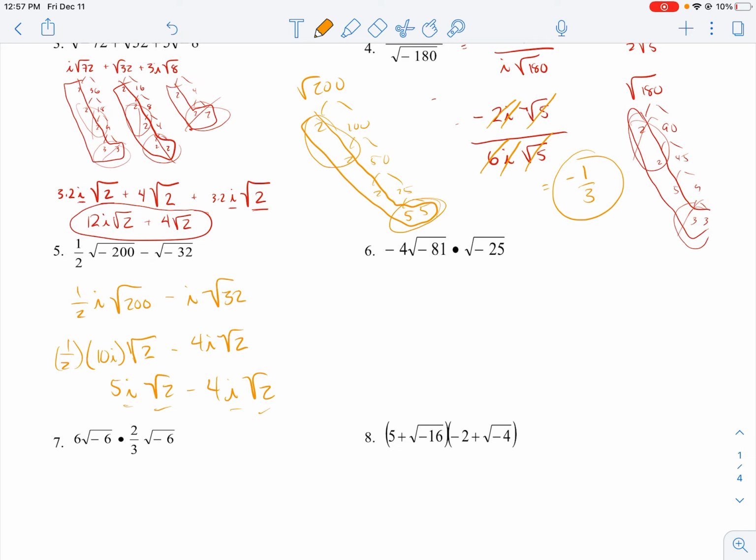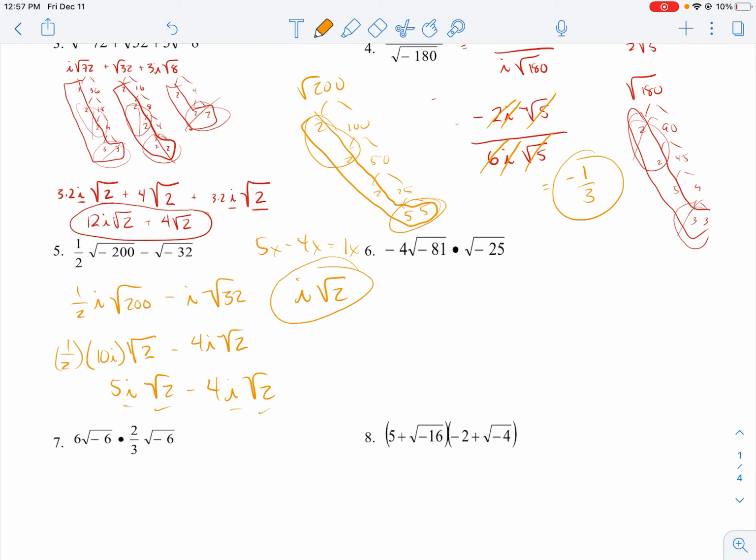So 5i square root 2, and think of it like this, 5x minus 4x, right? Well, that just equals 1x, right? So 5i square root 2 minus 4i square root 2 is just equal to i square root 2.